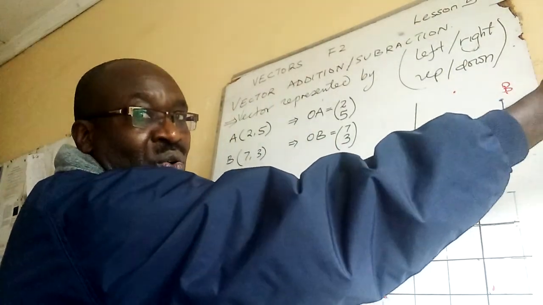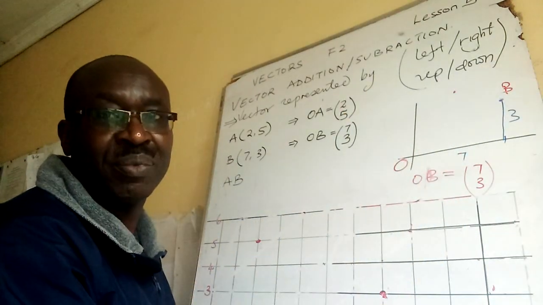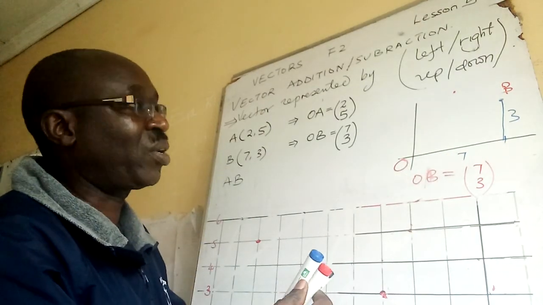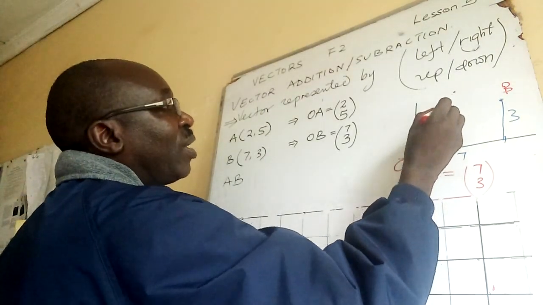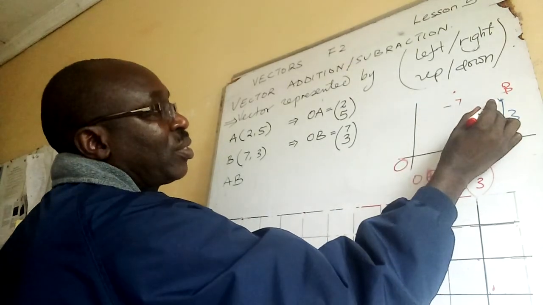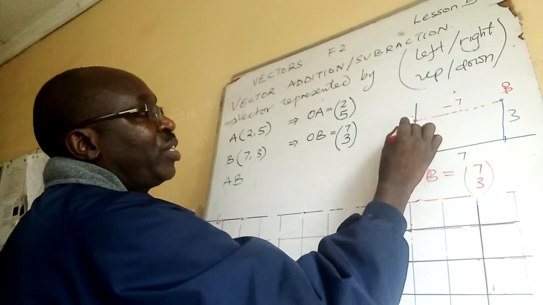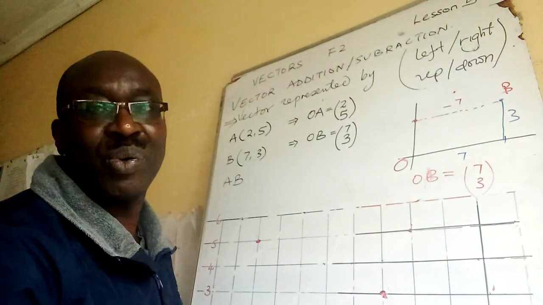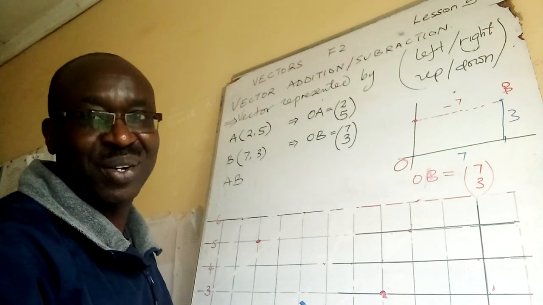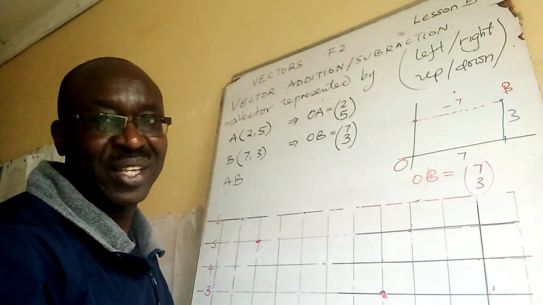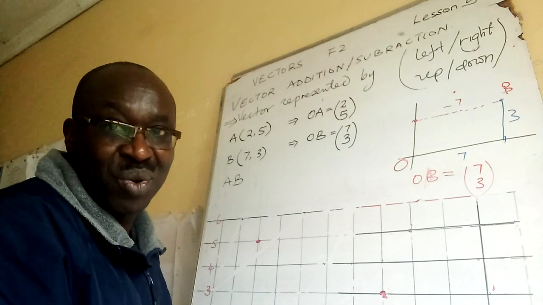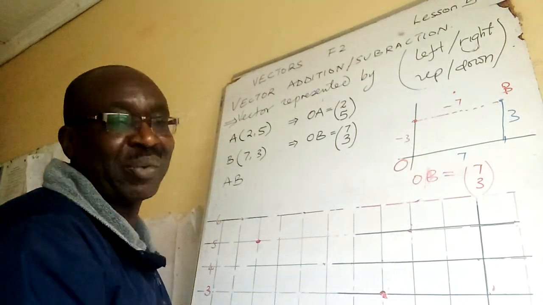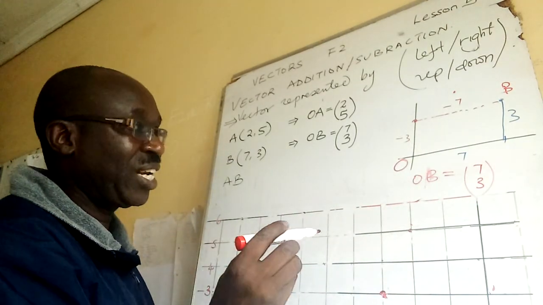I'm here, I can't go right, so I have to go left. How many steps? I'll go left 7 steps. When I reach this point, I choose up or down. You can't go up, and you can't remain there because you have not reached O. So I have to go down 3 steps.